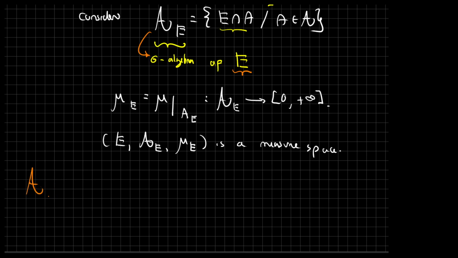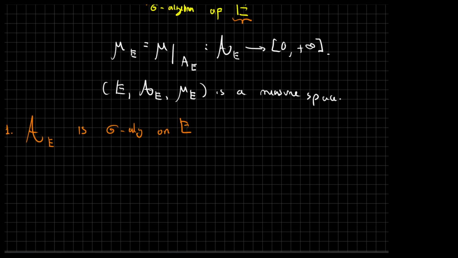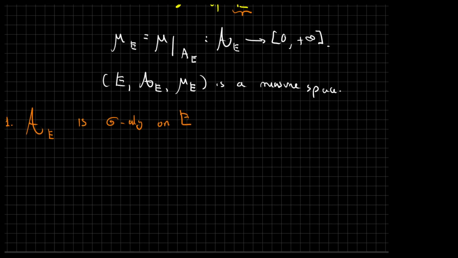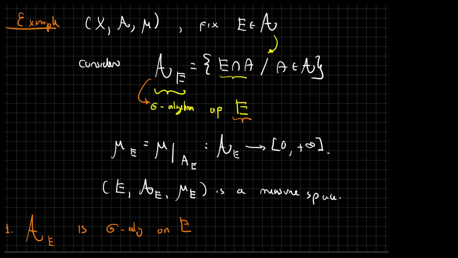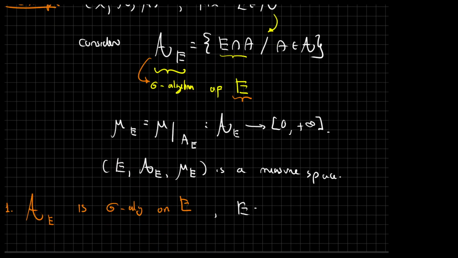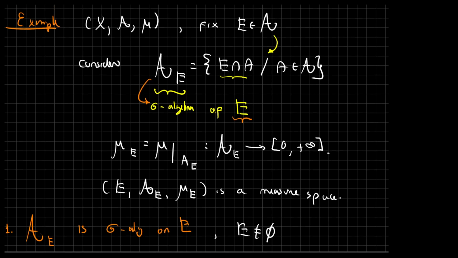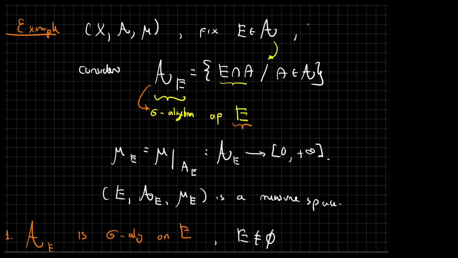So let's first prove that this is a sigma algebra on E. You need to recall that the first definition that we covered is that it should be different from the empty set. Otherwise, this will be just this set, so this doesn't make any sense.